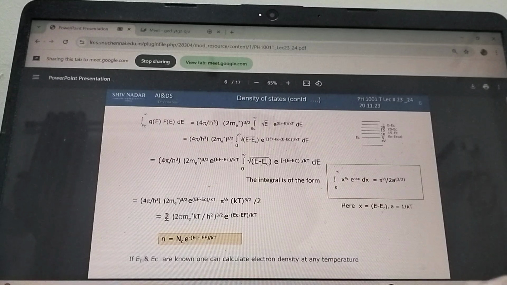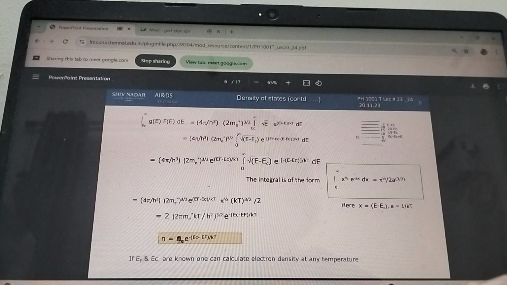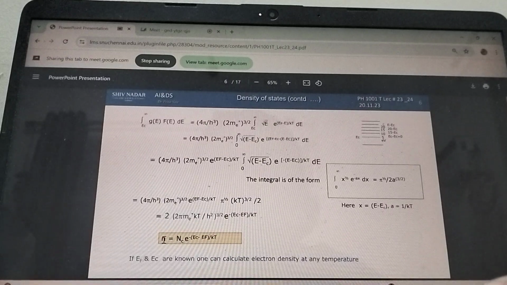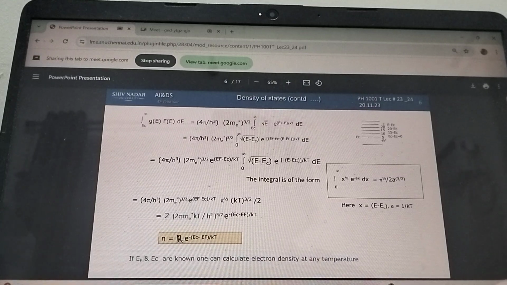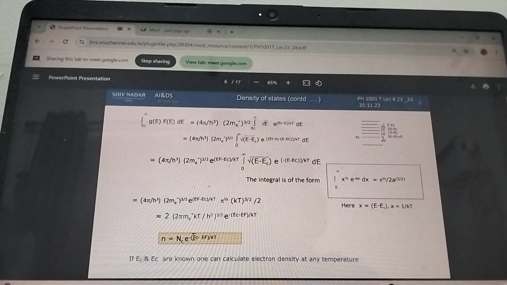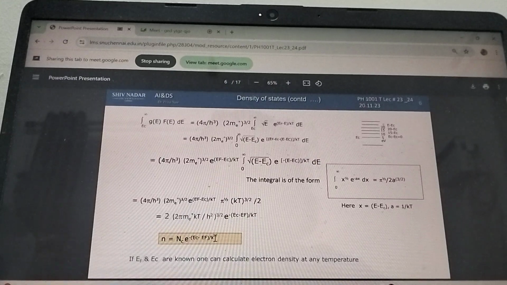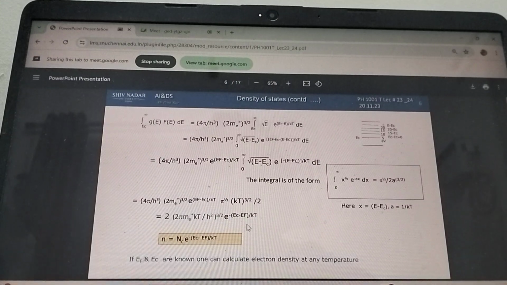And since this is full of just constants, we replace it by one constant NC. So the number of electrons in the conduction band is given by NC e raised to minus EC minus EF by KT, where NC is a constant, EC is the start of your conduction band, EF is your Fermi level, K is the Boltzmann constant, and T is the temperature.